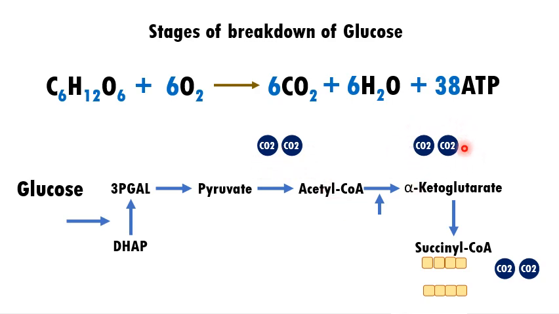The second set of carbon dioxide molecules will be evolved during the formation of alpha ketoglutarate, and the third set, that is two molecules of carbon dioxide, will be released during the formation of succinyl-CoA. So this is with respect to the carbon.